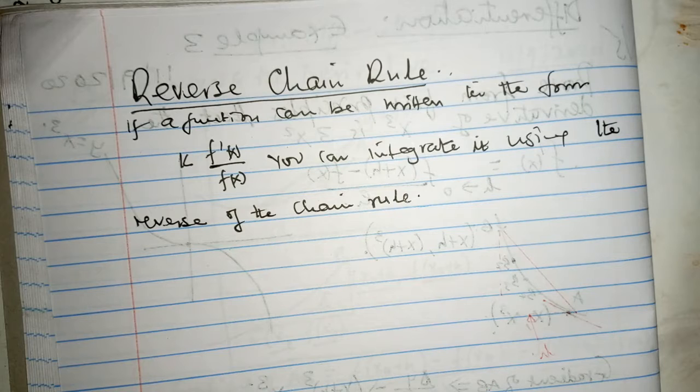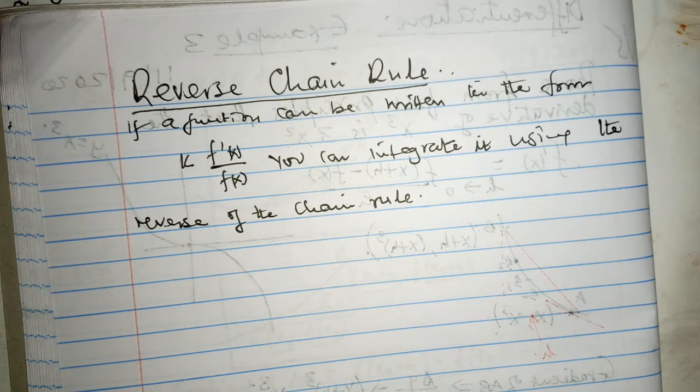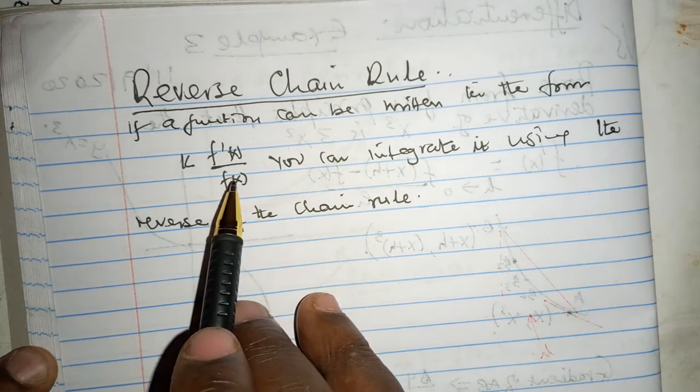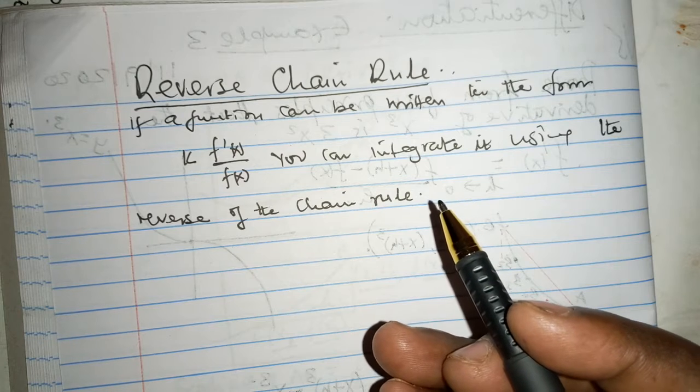What do we mean by reverse of the chain rule? Reverse is assuming a function that must have been integrated to give us what we already have. For example, let's just be specific.